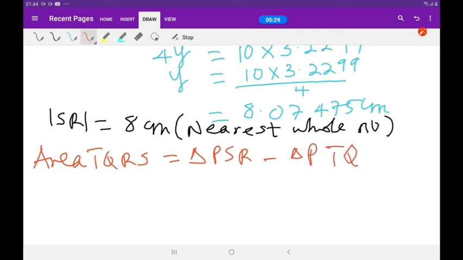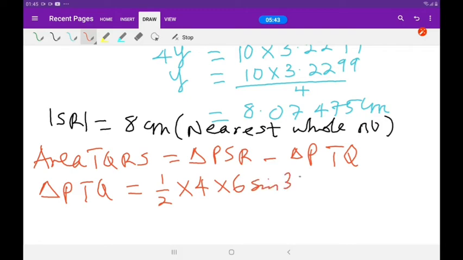Very good. So triangle PTQ can be found immediately because we know all the values now. That becomes half times 4 times 6 then sine theta. What will that give us? That will give us 6 centimeters squared.